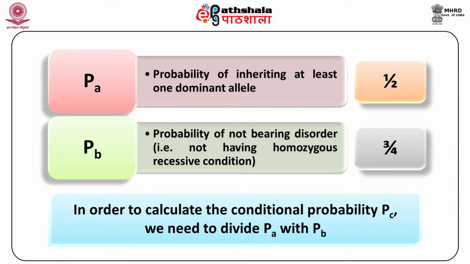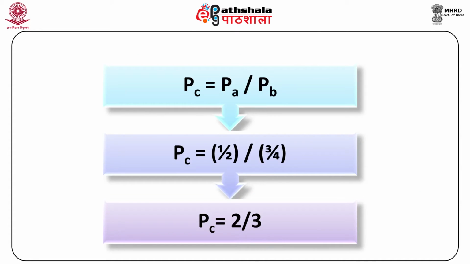In order to calculate the conditional probability PC, we need to divide PA by PB. Therefore, PC is equal to PA divided by PB, which is further equal to 1/2 divided by 3/4, and the conditional probability outcome will be 2/3.